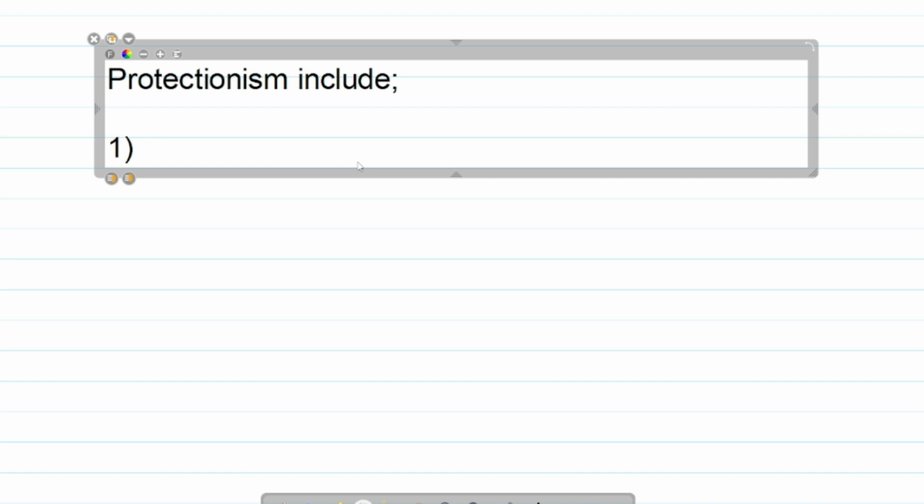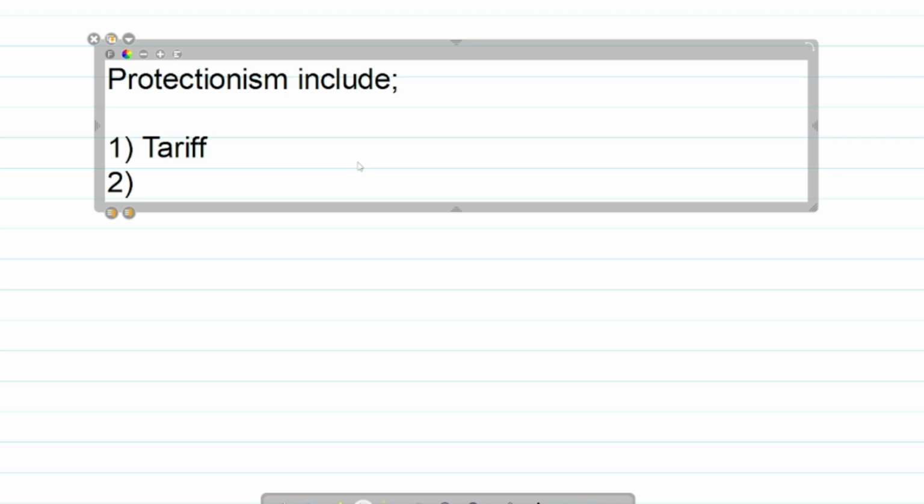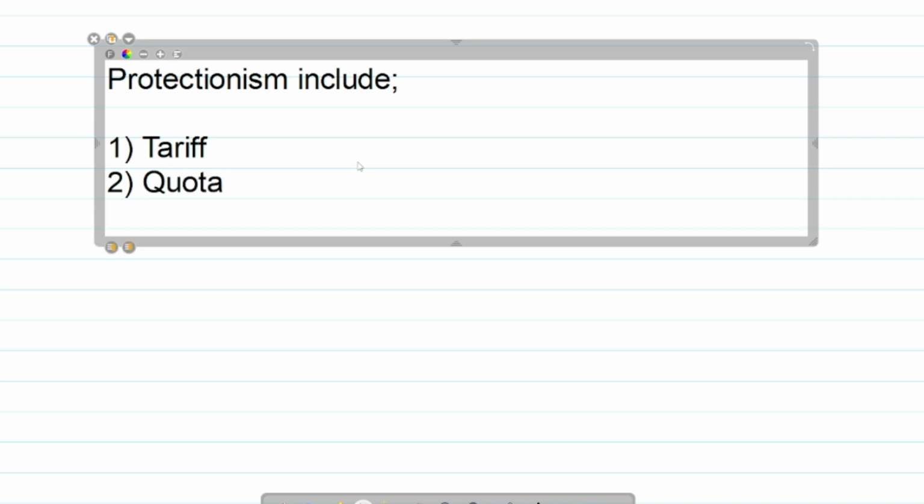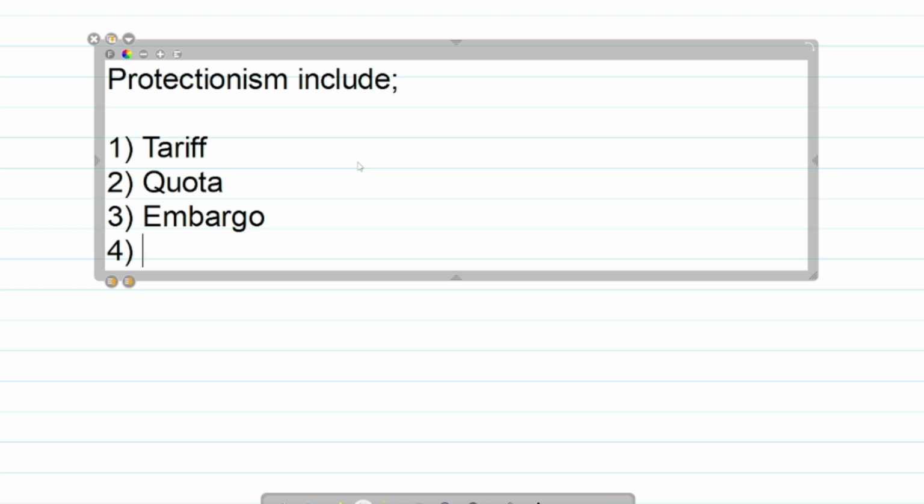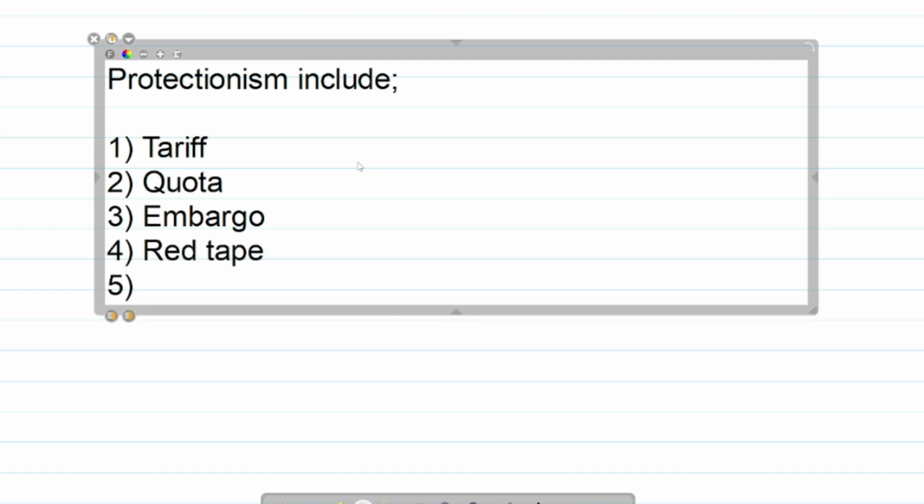So different methods of protectionism include, number 1 is tariff, and number 2 is quota. I'll also define these terms as well. Number 3 is embargo, and number 4 is red tape. Number 5 is voluntary export restrictions.